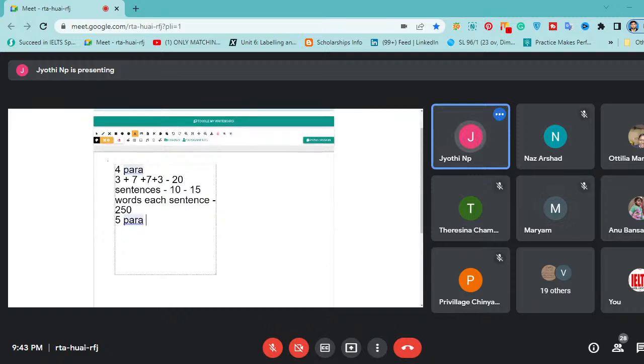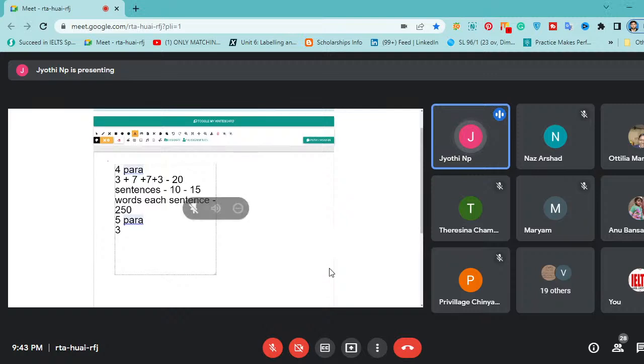Like someone sent me a question today in one of the groups: what do you think? And then you also have to write an opinion. At that point, when you're writing it should be a 5-paragraph structure.